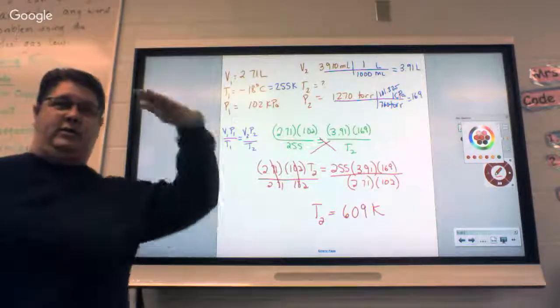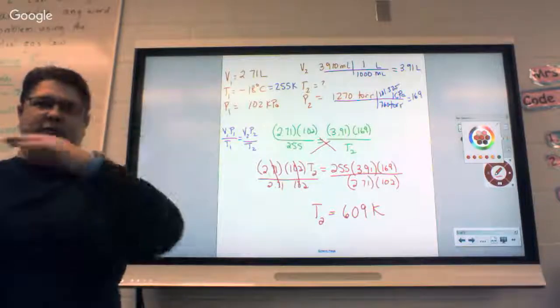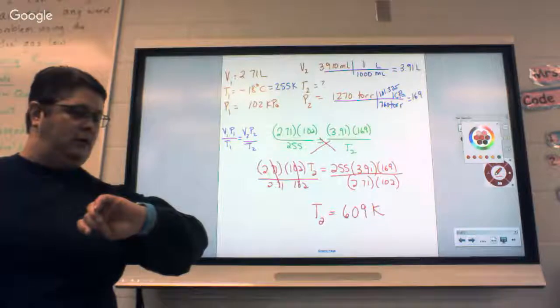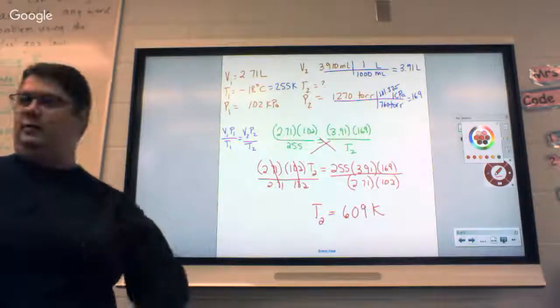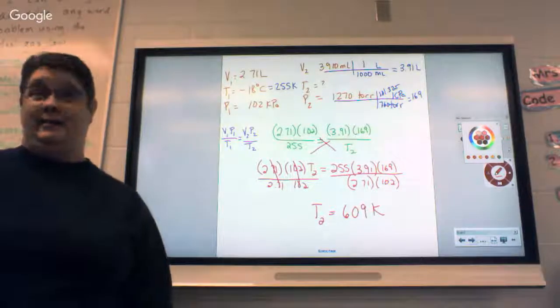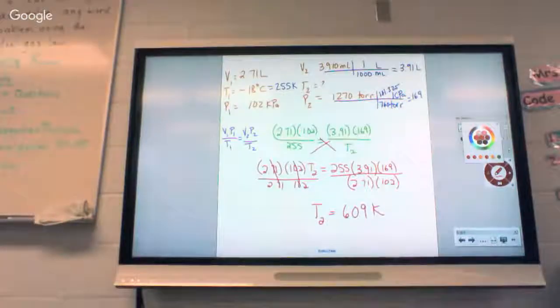That's right. It's the one that's spread across. There's no denominator. So P times V equals P times V.